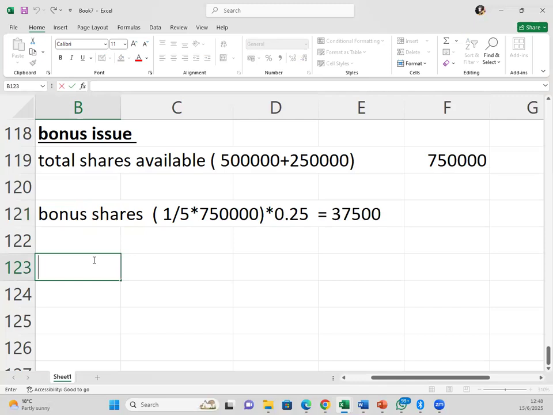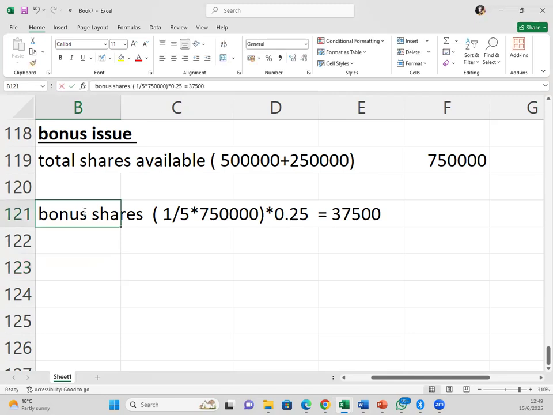Of course, before we get to 37.5, if you want to know how many shares we received from the bonus issue, let's go back a bit, before we multiply by 0.25. We are saying for the bonus issue, we gave 1 for every 5.